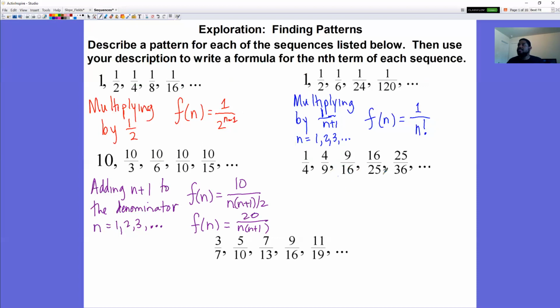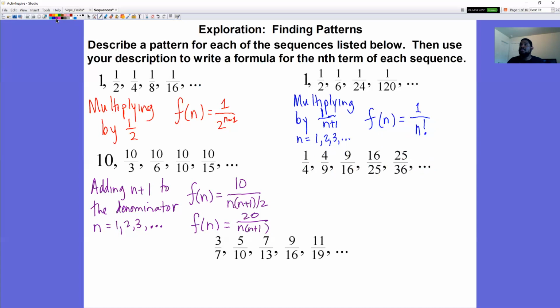Okay, our fourth sequence, you have 1 over 4, then 4 over 9, 9 over 16, 16 over 25, 25 over 36. As you can see, all of these numbers are perfect squares. This numerator starts with the first perfect square, a non-zero perfect square, rather, which is 1, and then it goes to the next one, 4, 9, 16.